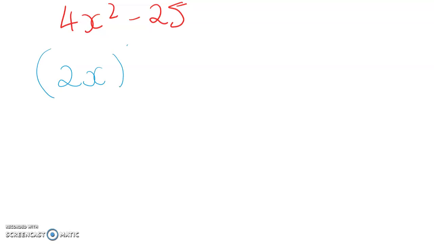I'm going to put a bracket around that and a square outside it. Then I put in my minus, because there's a minus sign. Then what two numbers will multiply to give me 25? It's 5, so we go 5 squared.